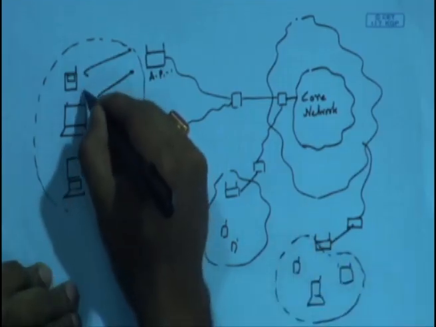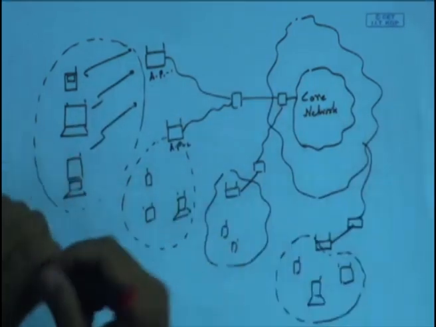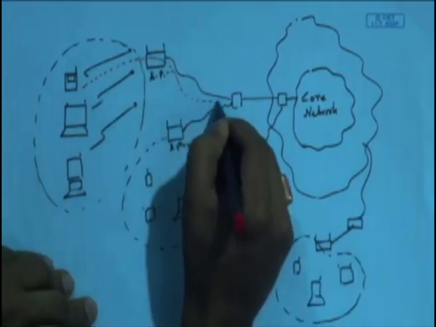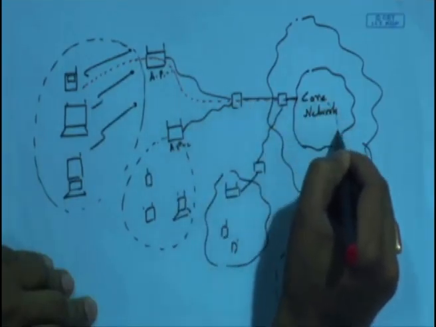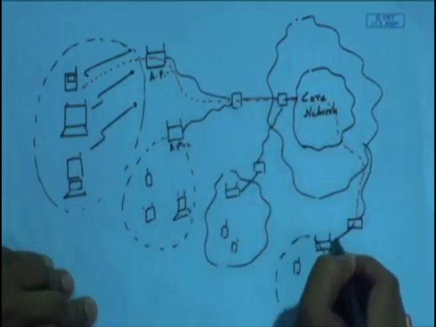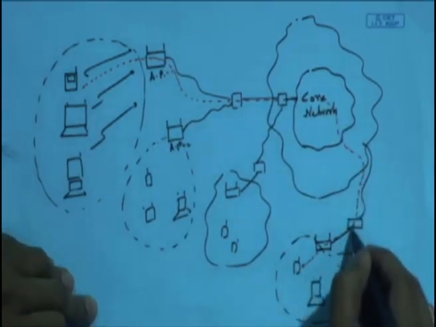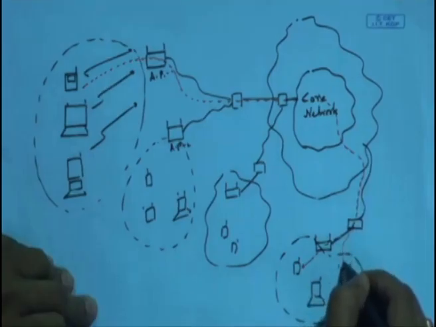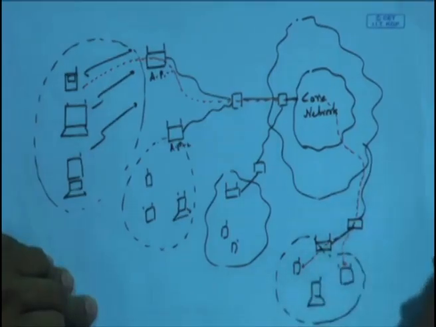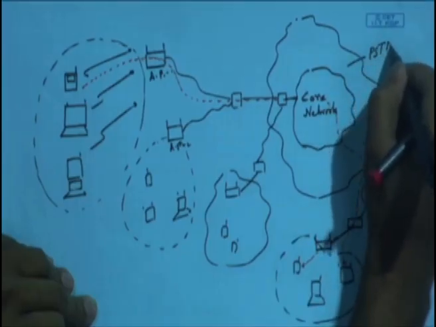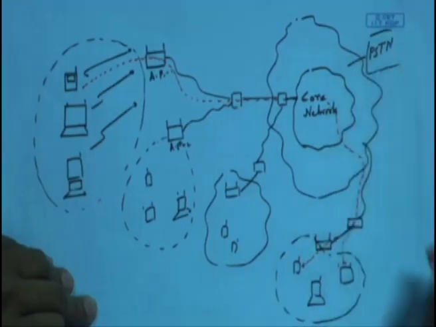Typically, we are concerned with data signals going from one device through the access point into the core network via another access network to another device, or it could be connected to a central server, or there could be a PSTN link and so on.